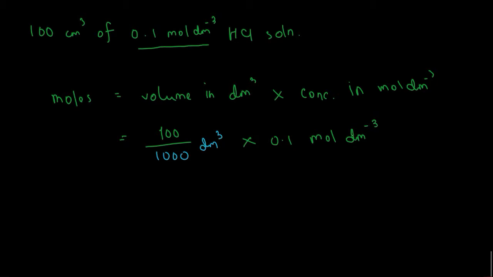So this basically means that dm cube is at the bottom. So this dm cube and this dm cube would cancel out. So let's check the value. It's going to be 0.01. 0.01 moles of HCl is present in 100 cm cube of 0.1 mole per dm cube solution. So this is the final answer.